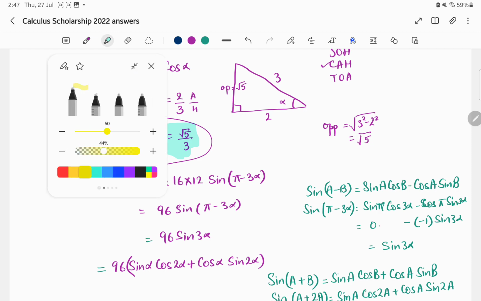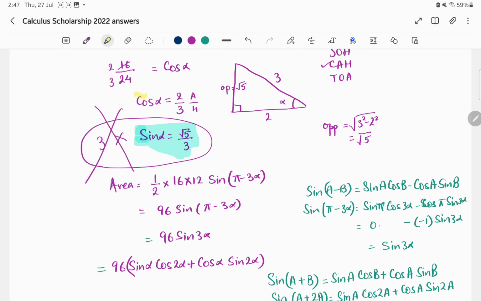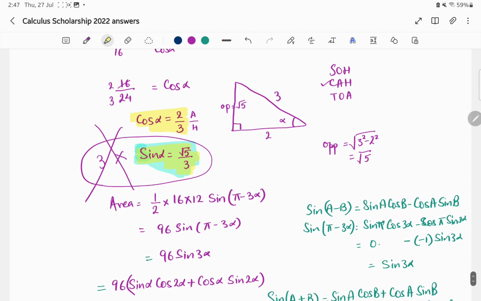Let's use a different highlighter. So we have cos alpha as 2 over 3. We have sine alpha as root 5 over 3.